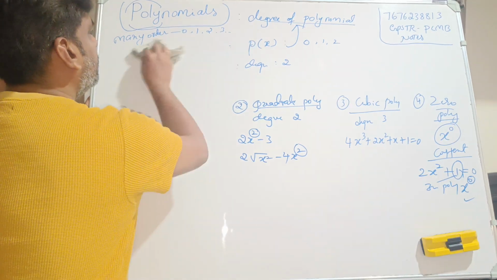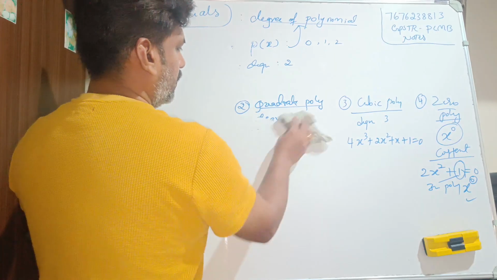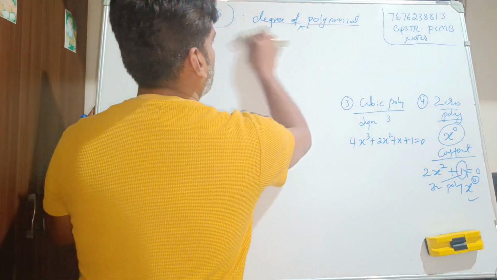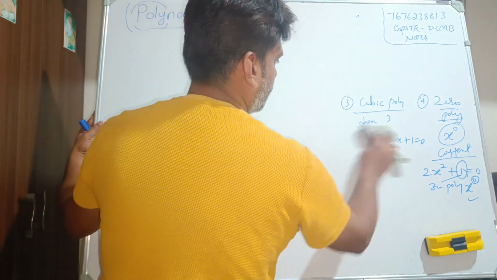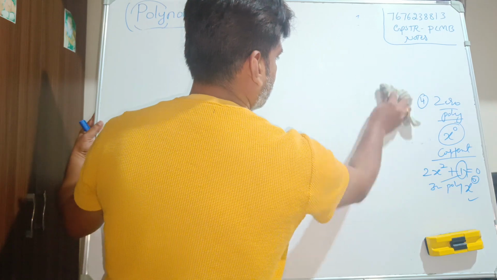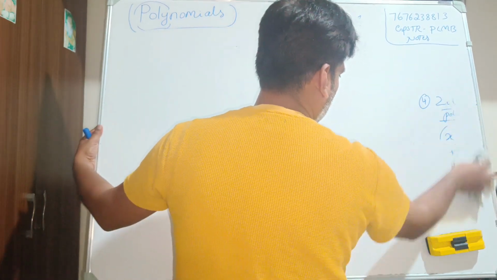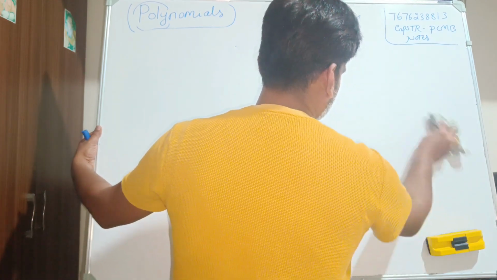You should remember what is the order and what are zeros, what is a quadratic polynomial, what is the degree of a polynomial, what is cubic, right? And also I will write the standard forms of quadratic and cubic.